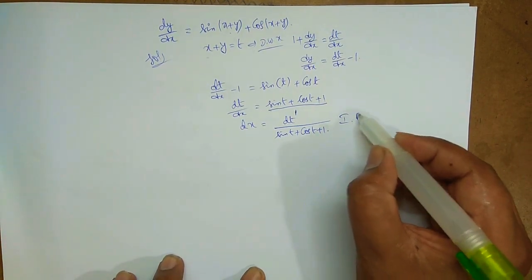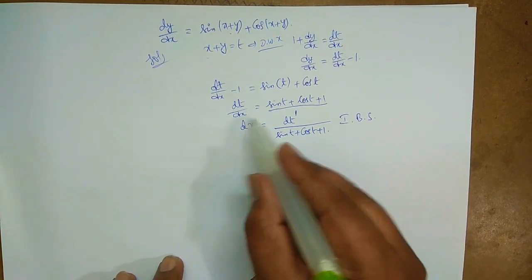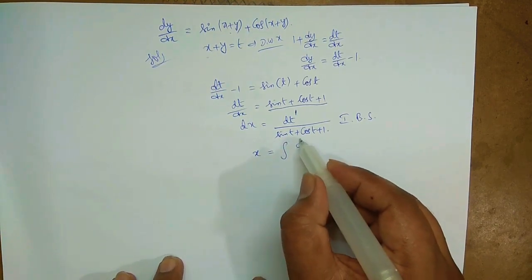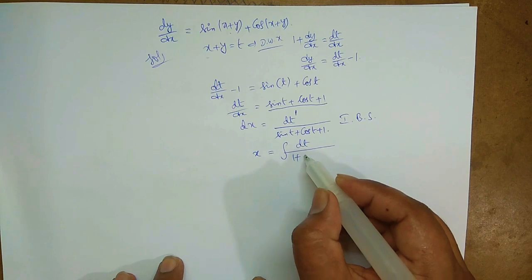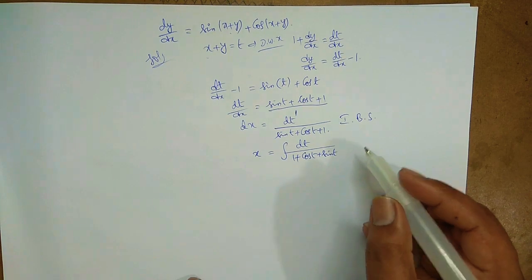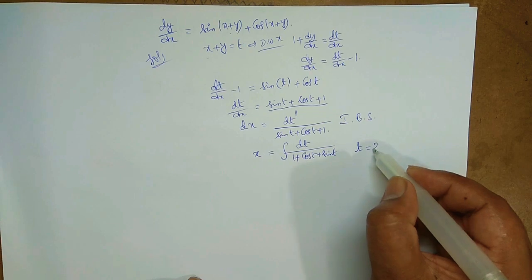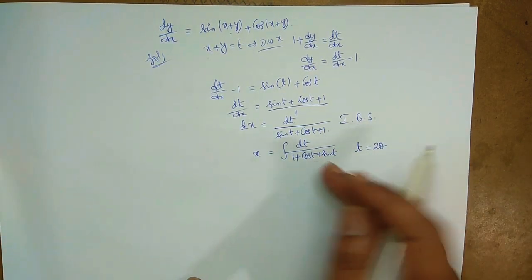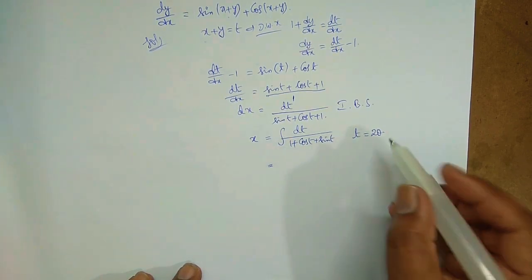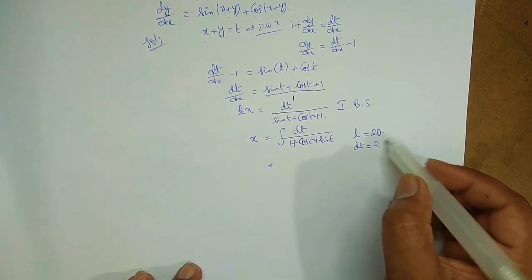Now you have to integrate on both the sides. After integrating on both sides, the integral of dx is x here, and after that the integral of dt divided by 1 plus cos t plus sin t, like this we will be getting. Now if you substitute t equal to 2 theta to make it simpler, then what happens? d theta will be dt by 2.